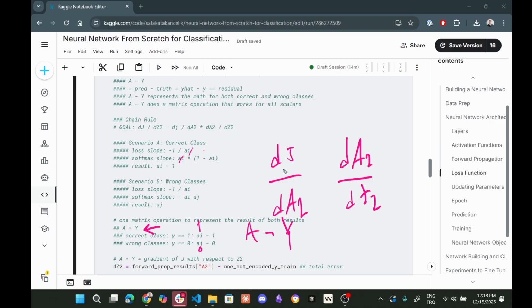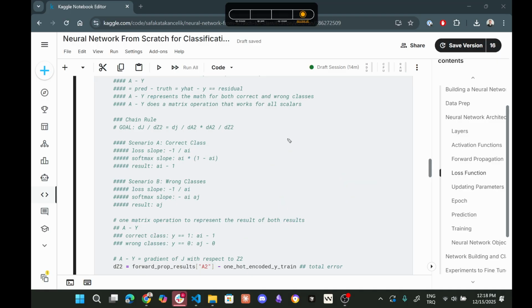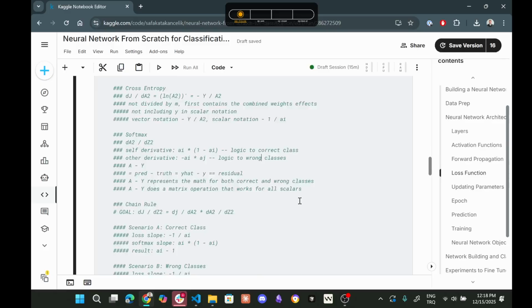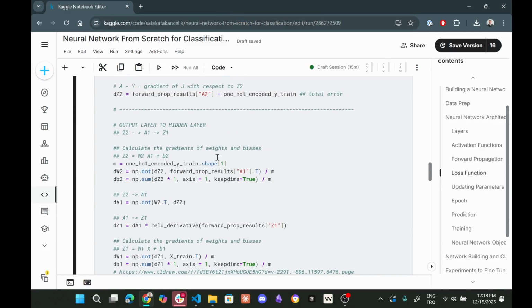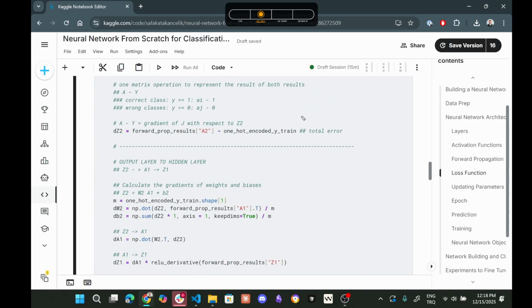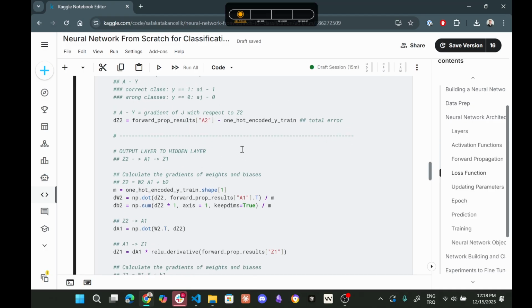Simply the entire calculation and notes here add up to this one line, which is A minus Y, and it is beautiful.